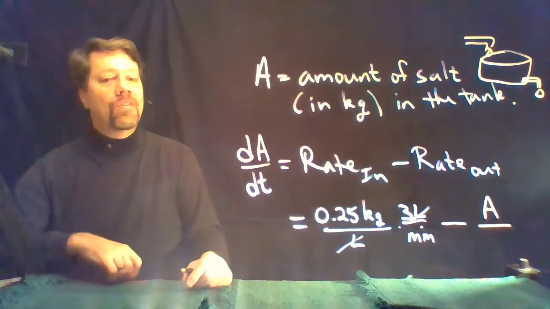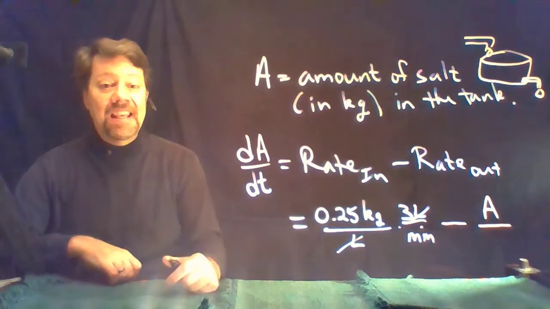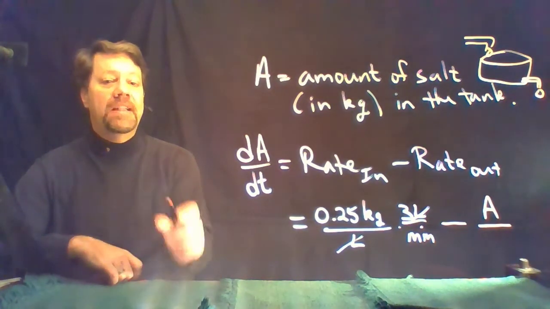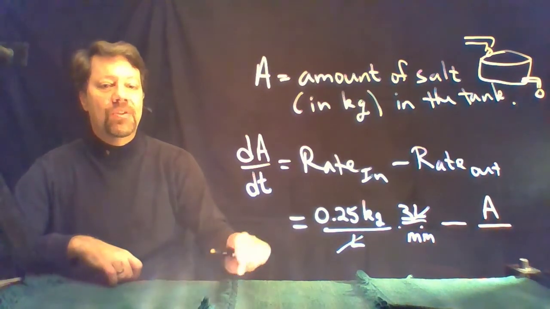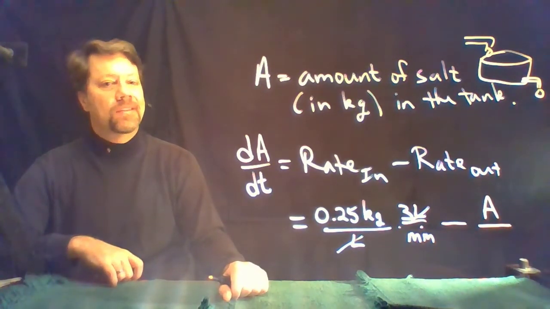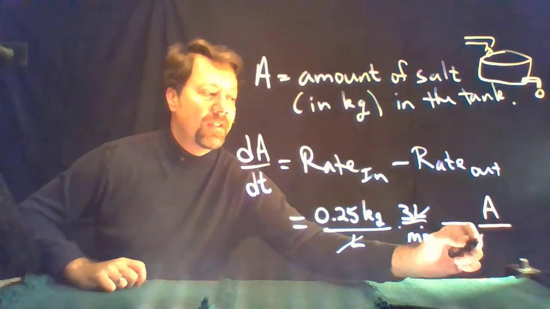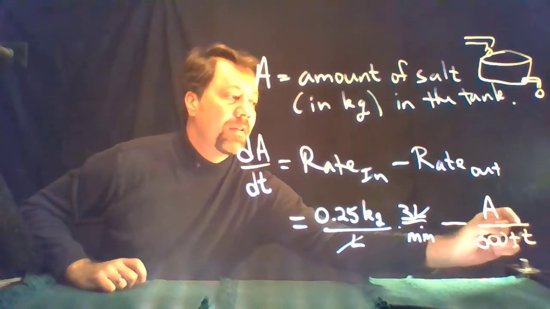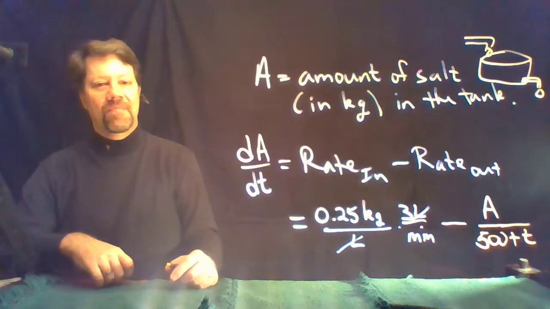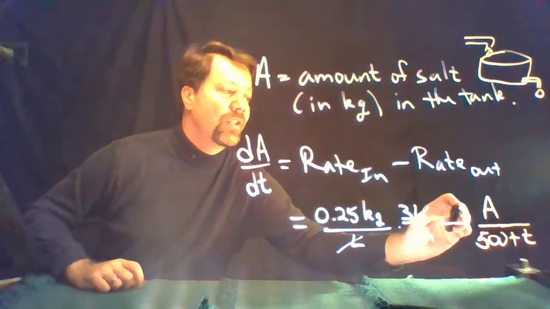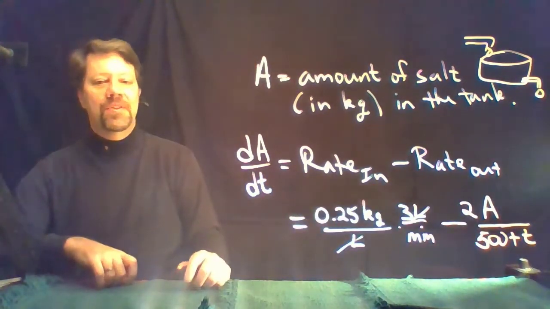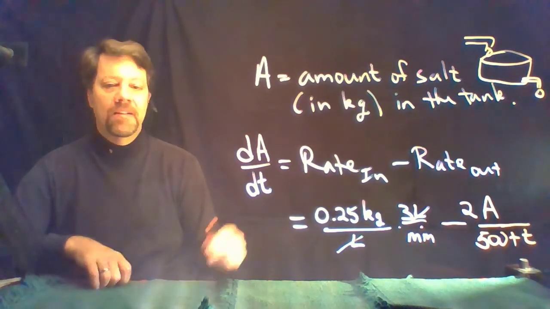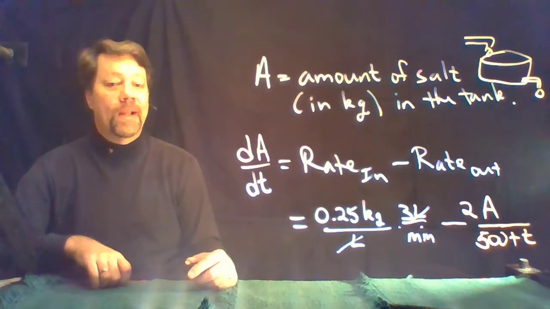The amount of salt in the tank is A kilograms. The amount of fluid will change over time because you have 3 liters per minute going in and 2 liters per minute coming out. It starts out at 500, but you're adding 1 liter per minute. If we multiply this by 2 liters per minute, we get the rate at which salt is going out of the tank.